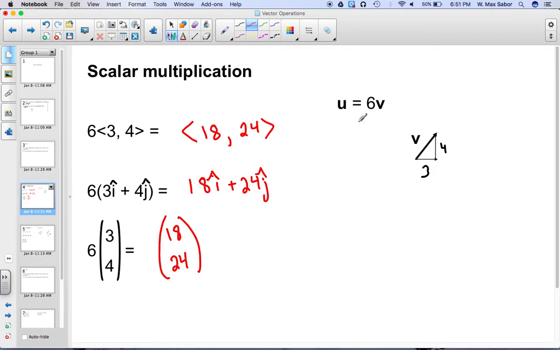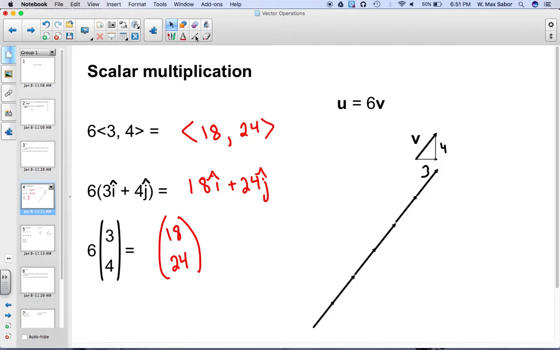And lastly, if I tell you that here's a vector v, and I'm going to multiply it 6 times, well, what I can do is I can take that vector and make 6 copies of it, lining them straight up, tail to head. So 1, 2, 3, 4, 5, 6.